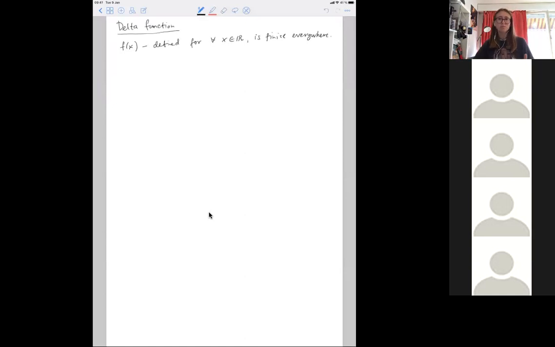What we want is a filter which singles out its value at the particular point x0.